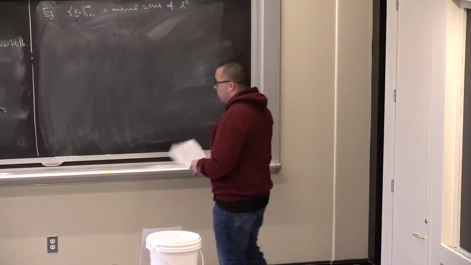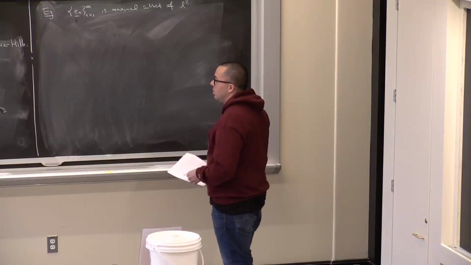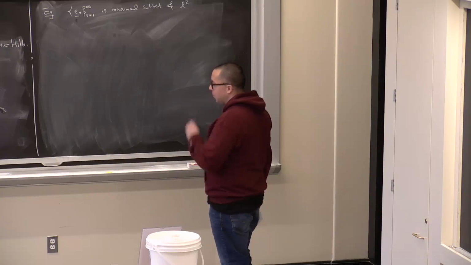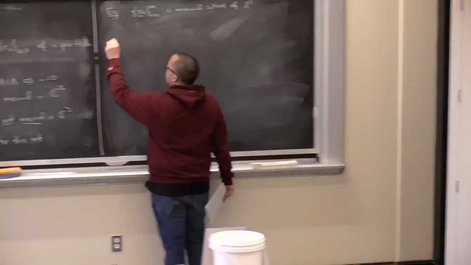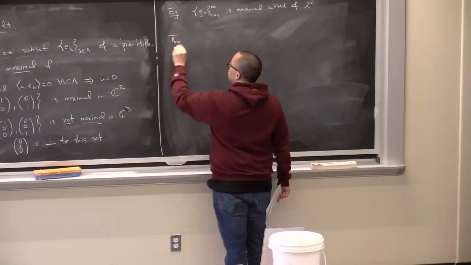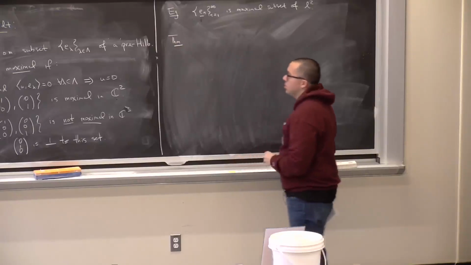All right. Okay, so first off, when does every pre-Hilbert space have a maximal subset? Let me state this as a theorem. In fact, I'll state two theorems.